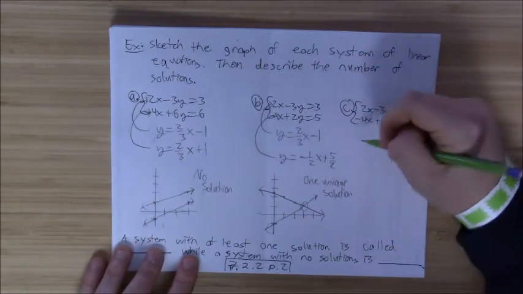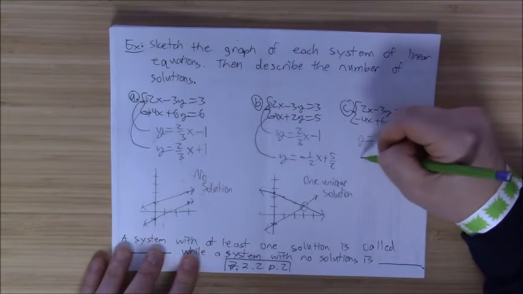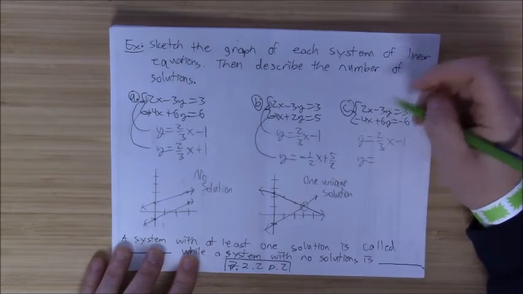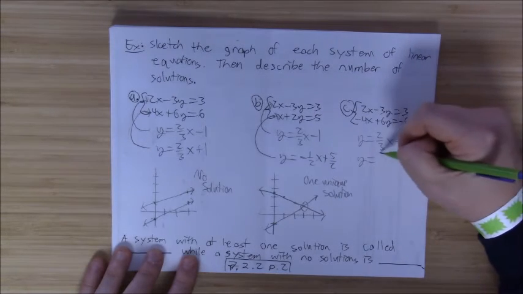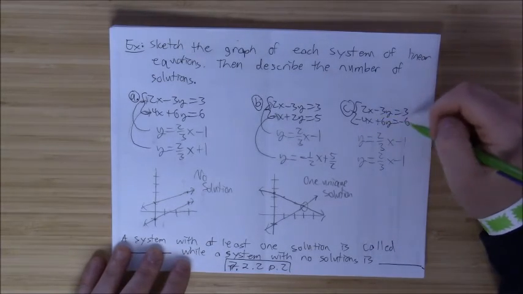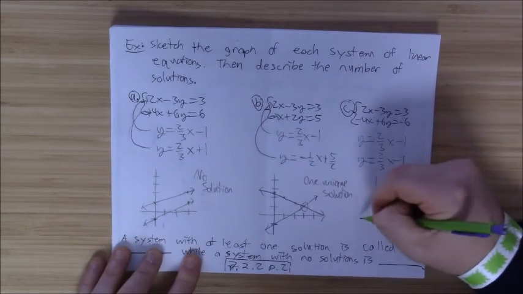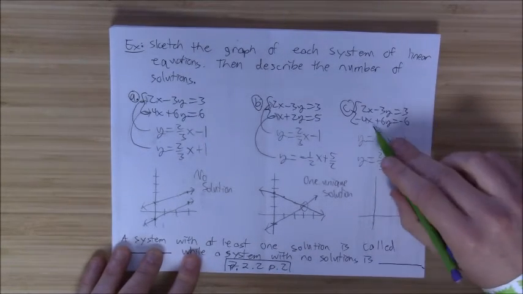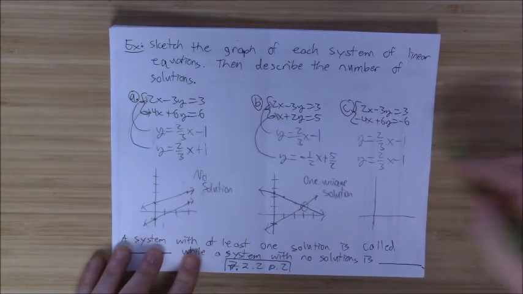Finally, if we graph here, again, we have the familiar line y equals 2/3 x minus 1. And then we have y, but this time it's again going to be 2/3 x minus 1. Which means that here we actually have a graph of the same line, which kind of makes sense because if you multiply all of this by -2, you get the exact same equation down there, right?